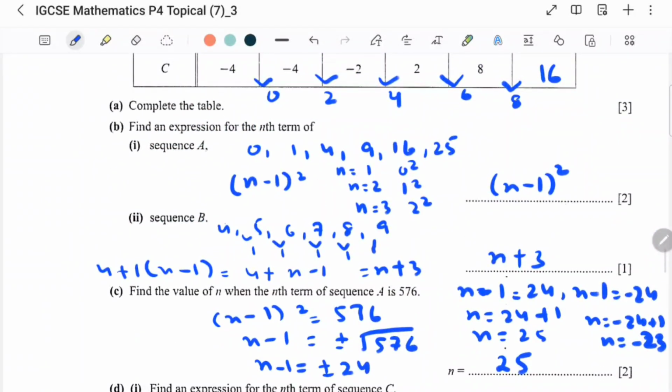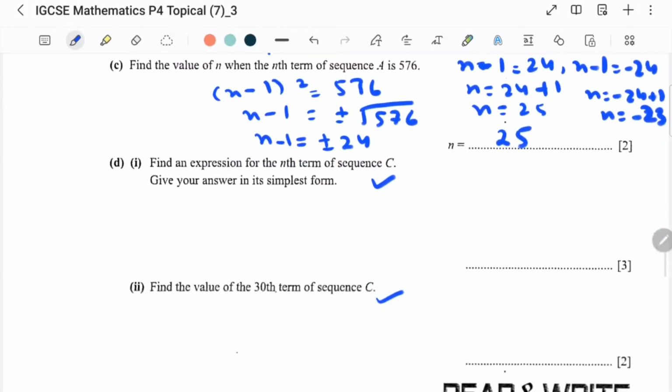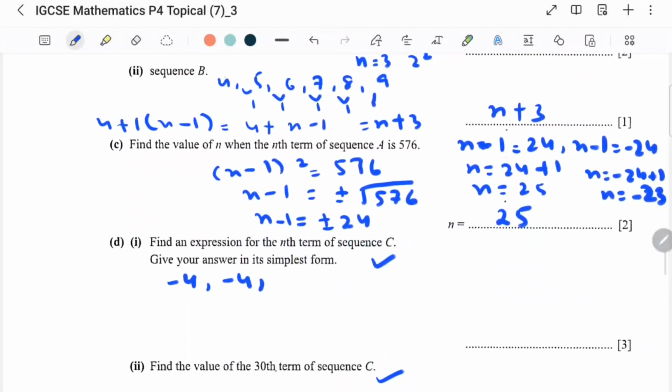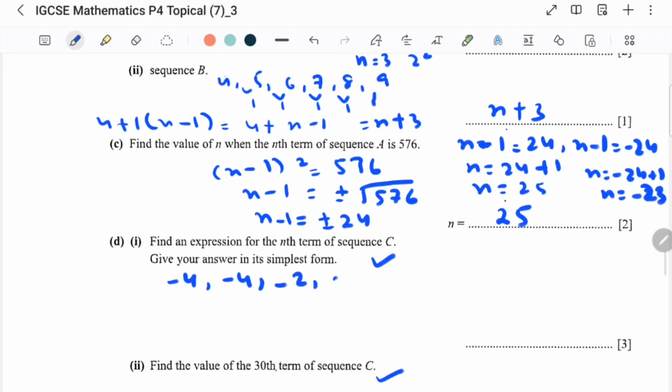Minus 4, minus 4, minus 2, 2, 8, 16. We are having a difference of 0, 2, 4, 6, 8, and then 2, 2, 2, 2.